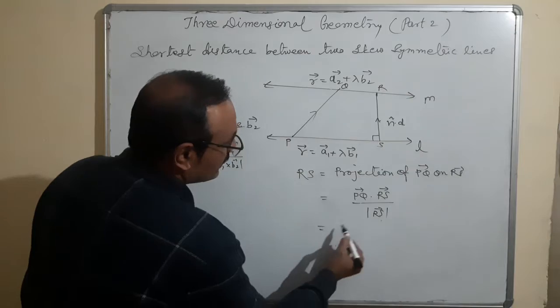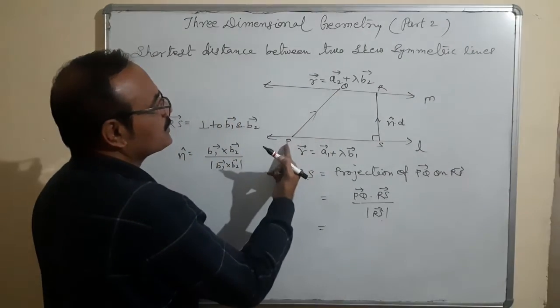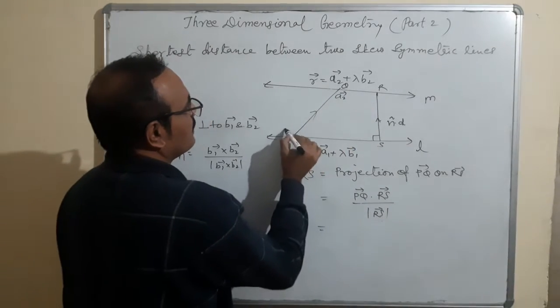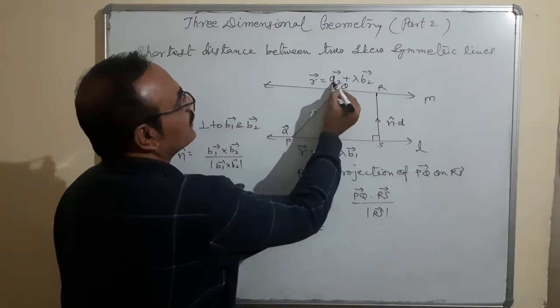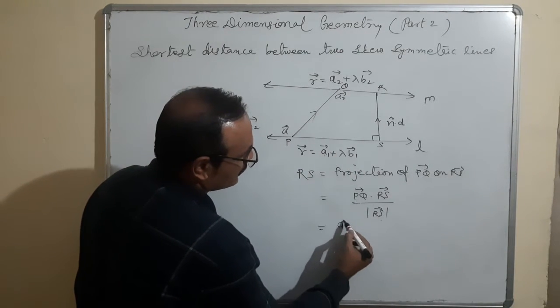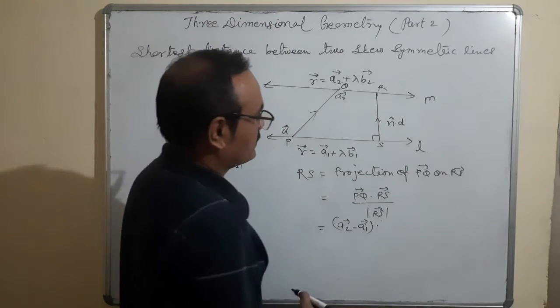So let us see PQ. What does it mean? Position vector of Q minus position vector of P. Position vector of Q is A2, position vector of P is A1, because the lines are A1 plus lambda B1 and A2 plus lambda B2. So PQ is vector A2 minus A1, dot RS.